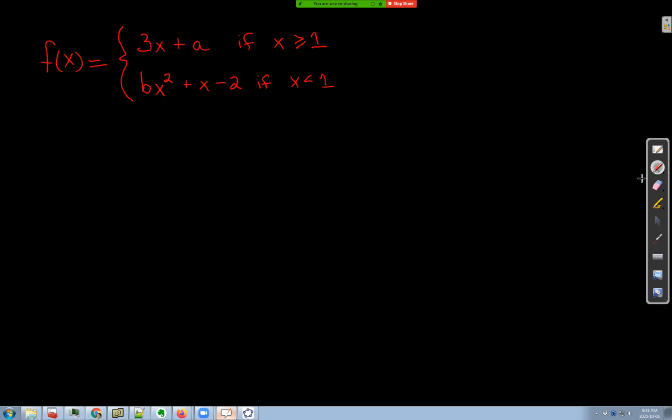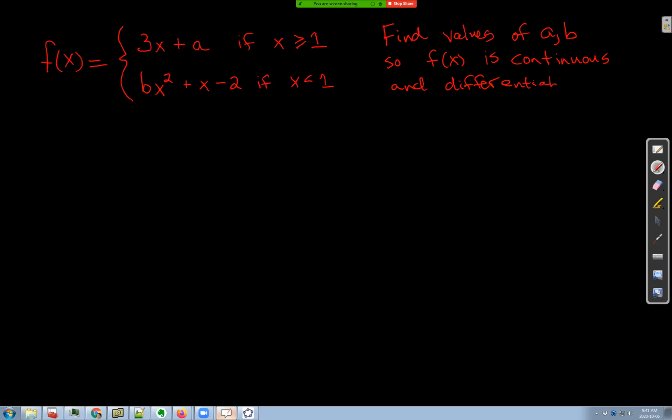And so the question is to find the values of A and B so that f of x is continuous and differentiable. All right, so that's what we want to do.